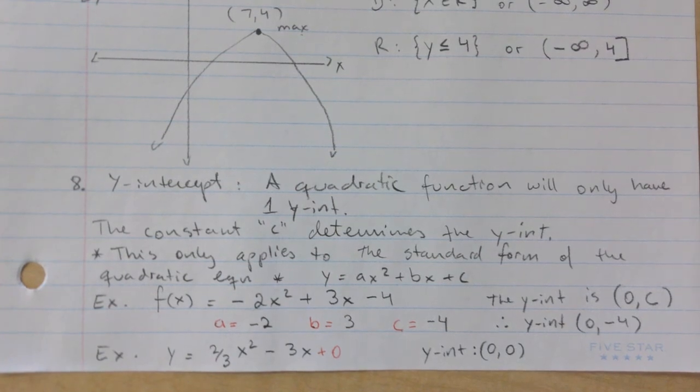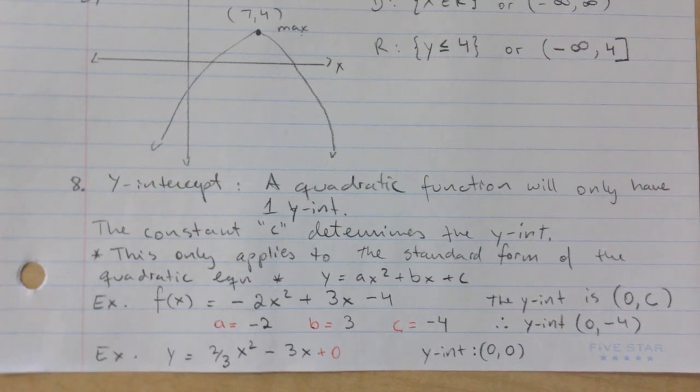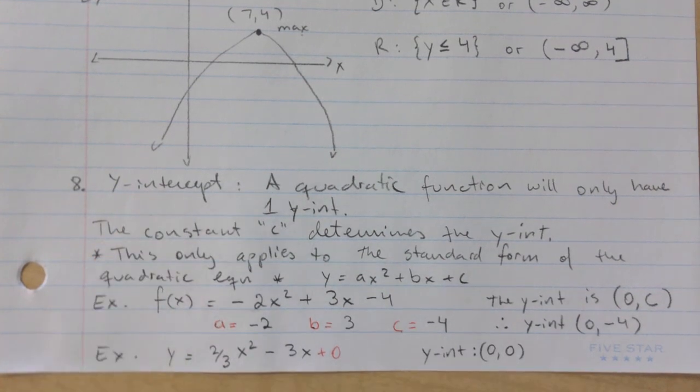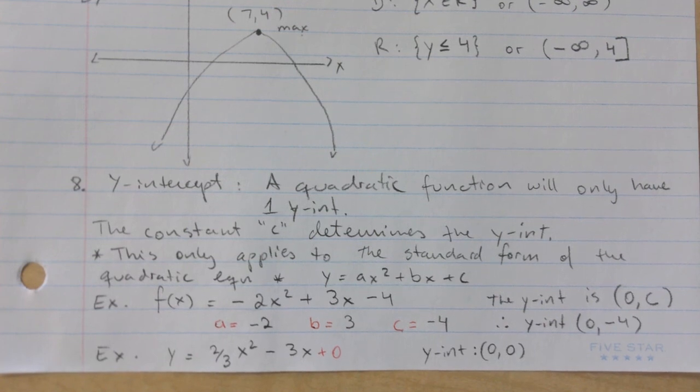Now we're going to graph one. Finding the y-intercept with a calculator is done the same way as you've done so far. Second trace 1, x is equal to 0, and it will give you the y-intercept.